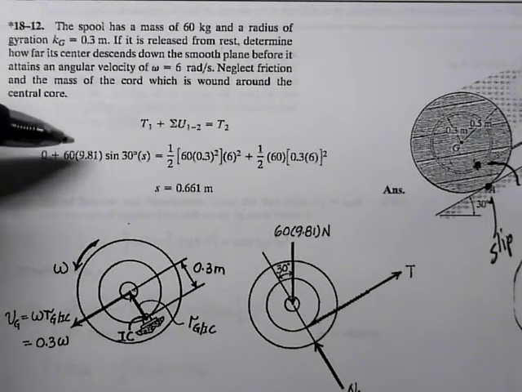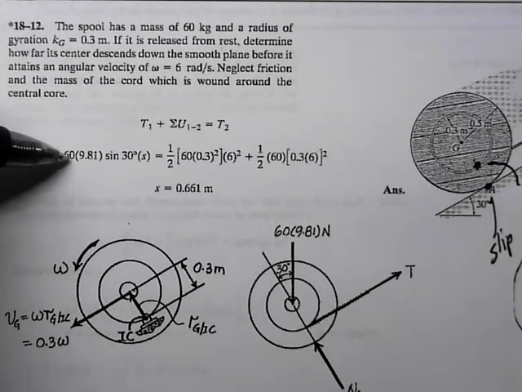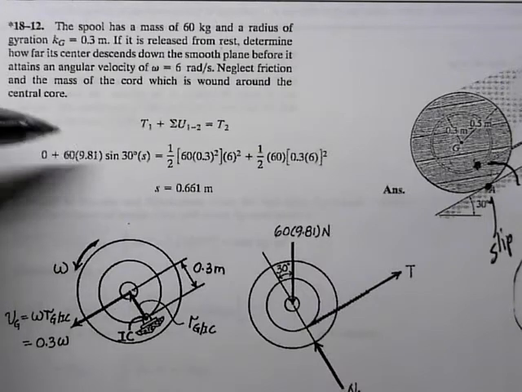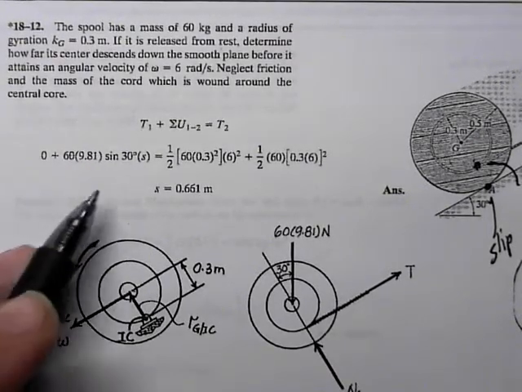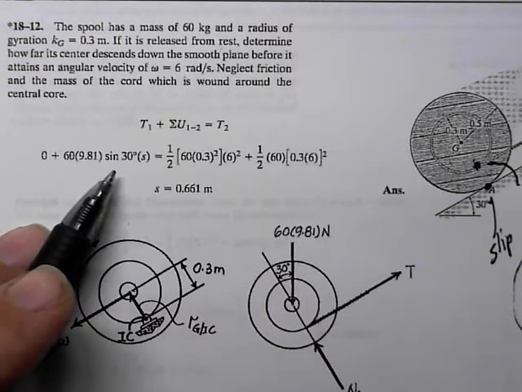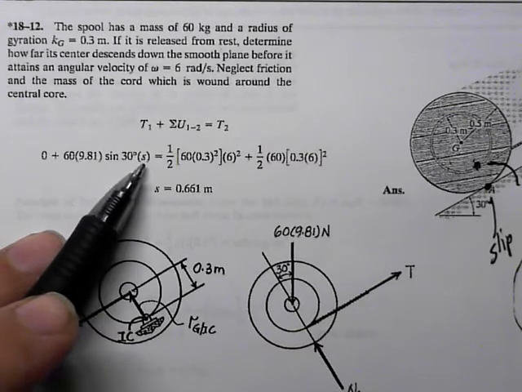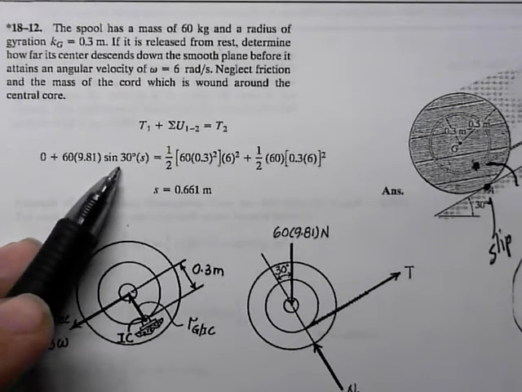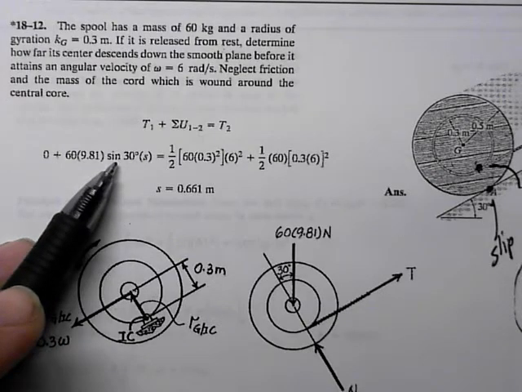One way to view this is at the highest point in the problem. We have a mass of 60, so it's a weight of mg, 60 times 9.81. We're on an angle of 30 degrees, and so the vertical distance that we will fall through will be our total travel distance, s, times the sine of 30 degrees, and that's the only thing we have on the left-hand side of the equation.